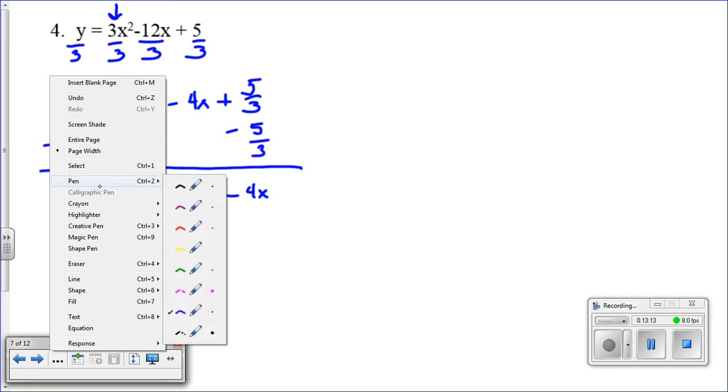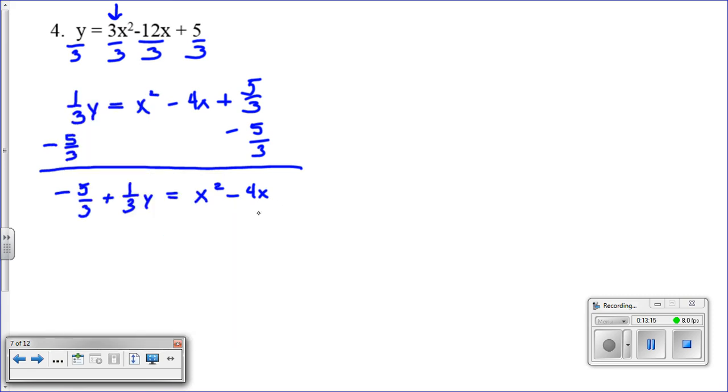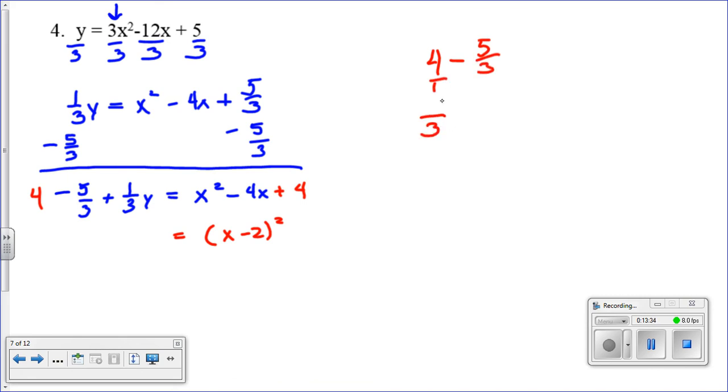All right, now we're going to take half of negative 4 and square it. So half of negative 4 is negative 2. Square that, it's 4. So I'm going to add 4 to both sides. This side's easy, so this is x minus 2, the binomial squared. Over here, 4 minus 5/3. So I'm going to rewrite this with the denominator of 3.